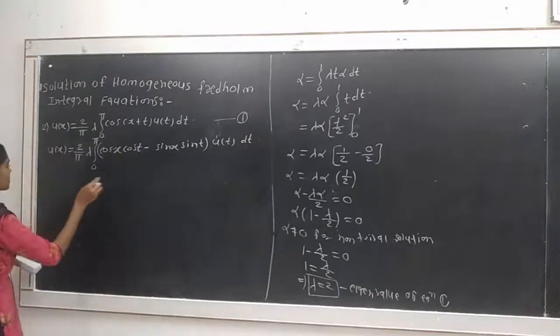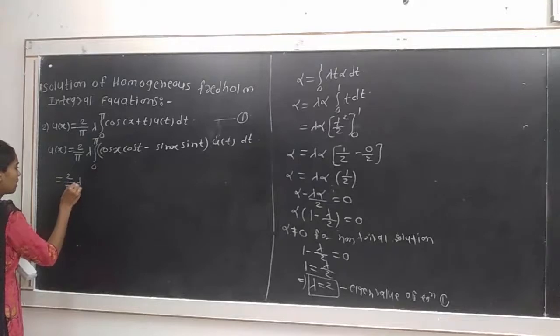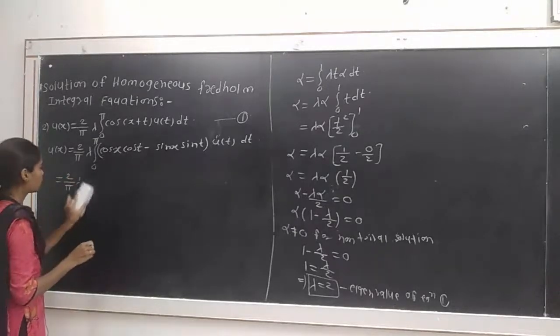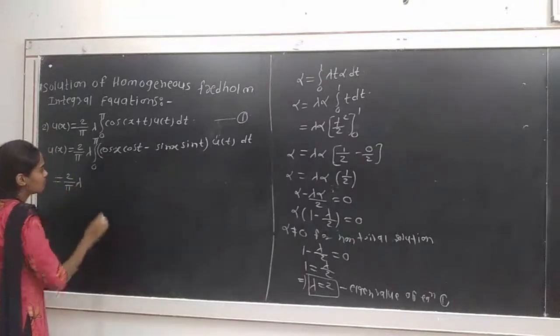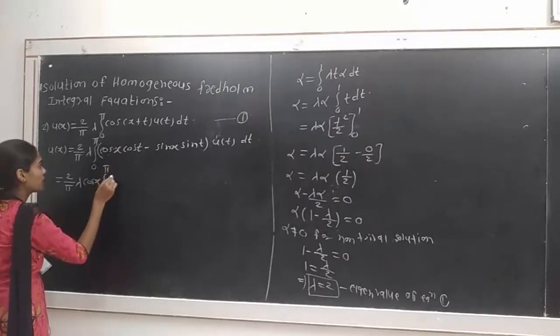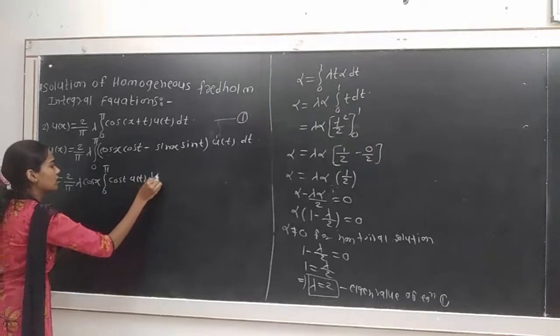Then we separate this kernel integration, that is (2/π)λ integration from 0 to π. Also here (2/π)λ, cos x is constant with respect to t, so we take it outside, that is cos x, in the integration 0 to π of cos t u(t) dt.